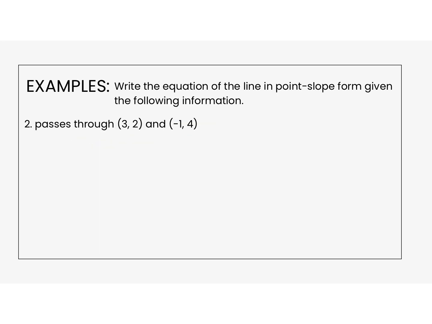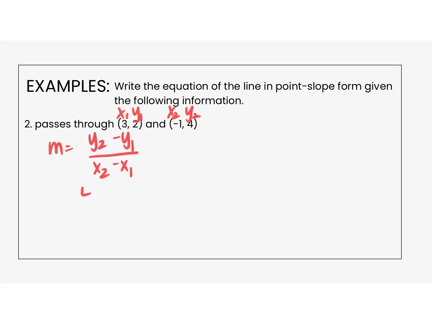All right, here's another example where I'm given 2 points. So the first step that I have to do is to find the slope. So I have x1, y1, x2, y2, and we know that the slope formula is y2 minus y1 over x2 minus x1.